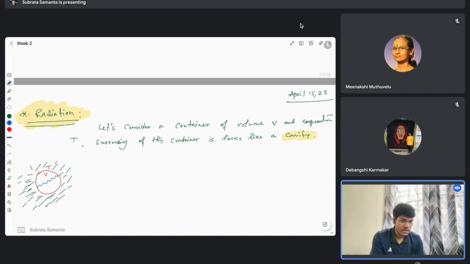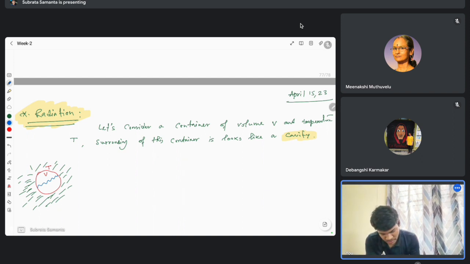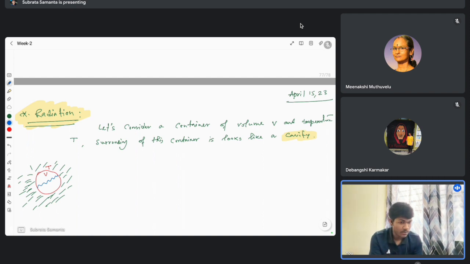So the electromagnetic radiation emitted from an object held at non-zero temperature is called thermal radiation. This cavity held at temperature T emits radiations, called thermal radiations.